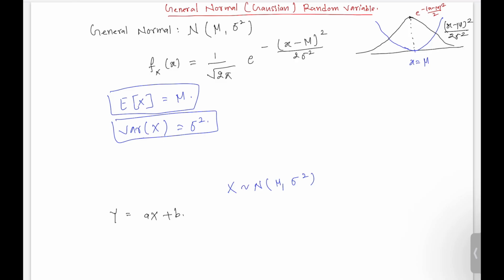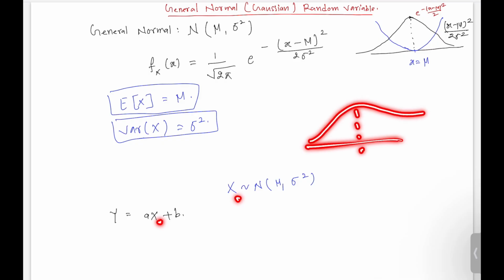So once you do the linear operation, what will you be doing? You have this bell curve, right? This random variable X, where the mean is mu and the variance is sigma square, right? And if you do some linear operation, overall you will be either shifting the mean, or maybe also scaling the curve, right?